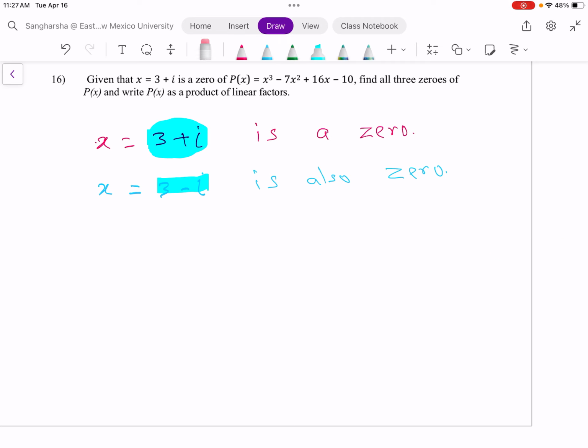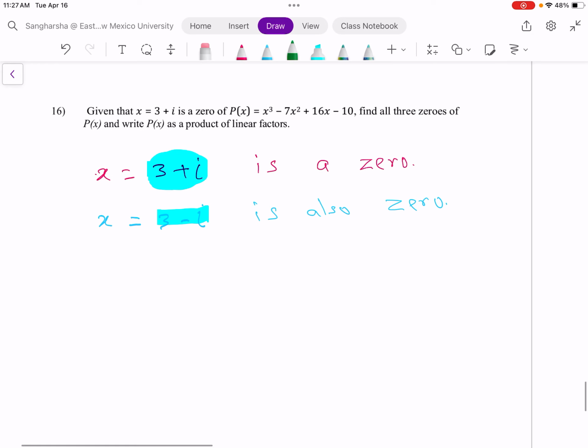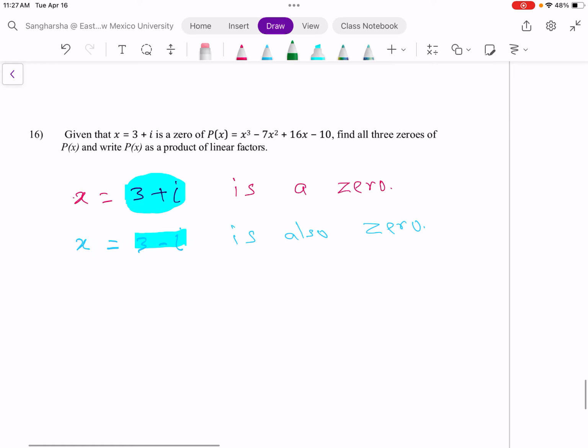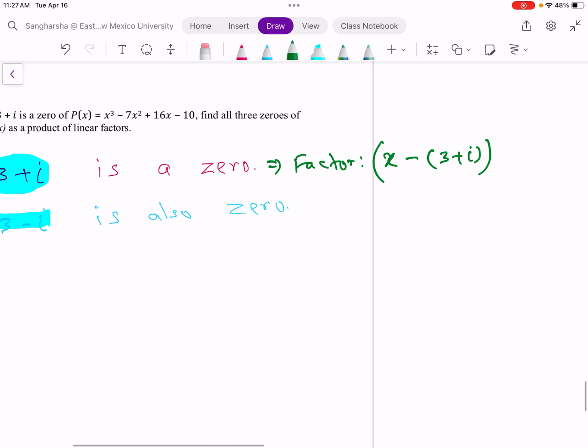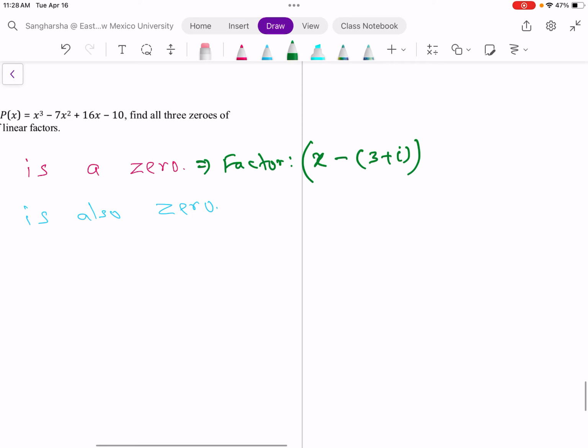So this is a 0, so the corresponding factor is x minus (3 plus i). We have more than one term, so we're going to use a parenthesis. So this is one factor, okay? And if we simplify, this will equal x. You distribute the negative, you have negative 3, negative i.